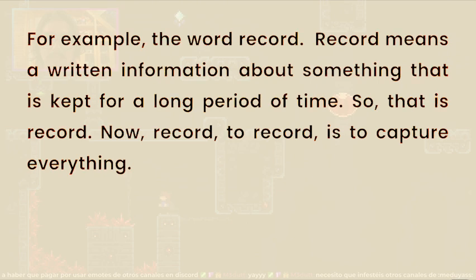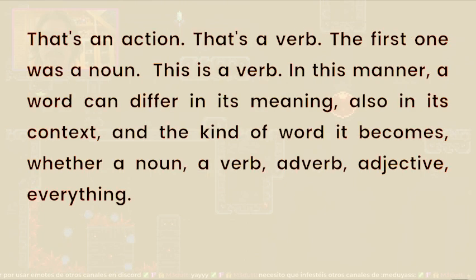For example, the word record. Record means a written information about something that is kept for a long period of time. So, that is record. Now, record, to record, is to capture everything. That's an action. That's a verb. The first one was a noun. This is a verb.